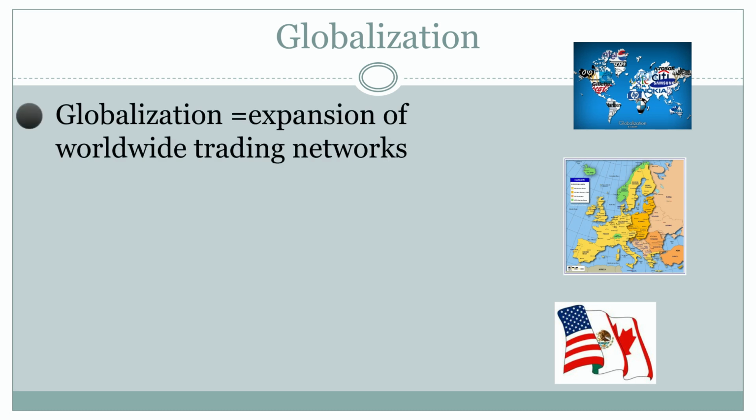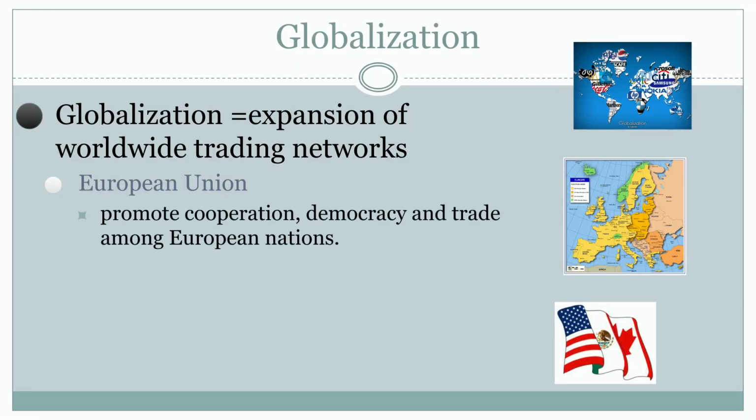So, what is globalization? Again, the expansion of worldwide trading networks. We talked about the European Union. Remember, it's an economic alliance between 27 European nations. It promotes cooperation, democracy, and trade among those 27 European nations.